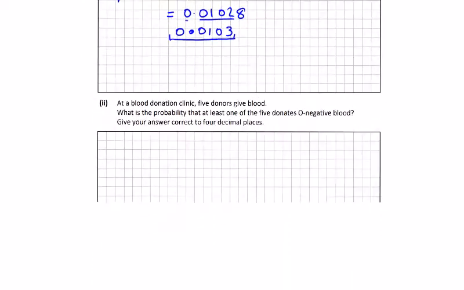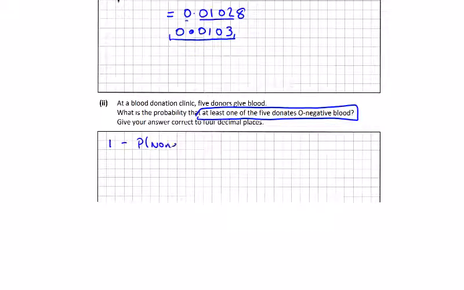Part 2, 5 donors give blood. What's the probability at least one of the 5 donates O negative? And once you see at least 1, it's 1 minus the probability of none, because every other probability other than none will be at least 1.